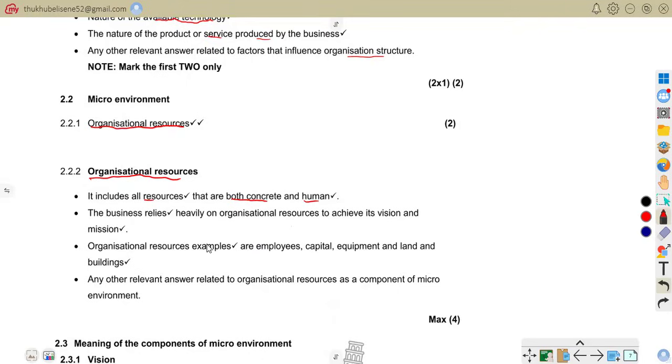For example, we can talk of employees, machinery, and money used by a factory. Also, the business relies heavily on organizational resources to achieve its vision and mission.